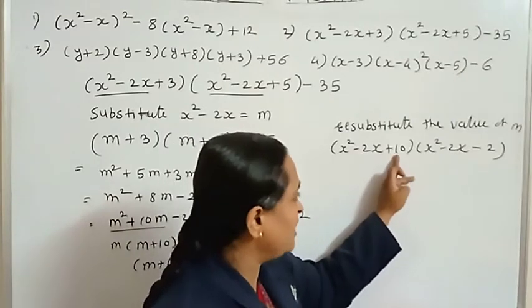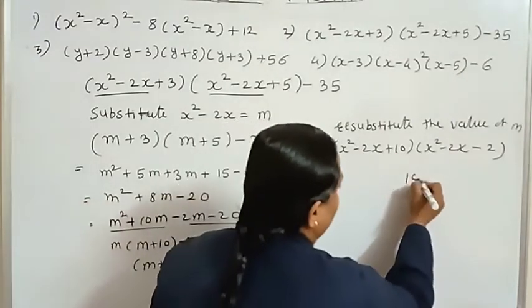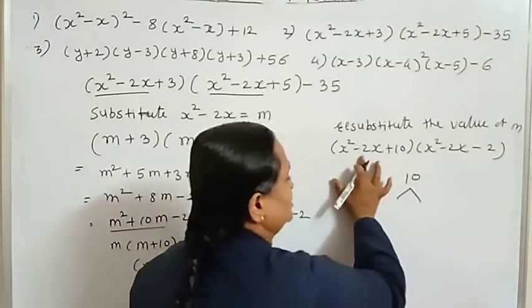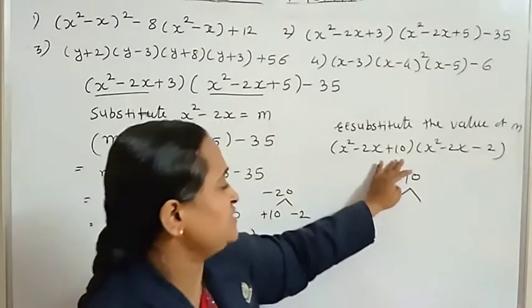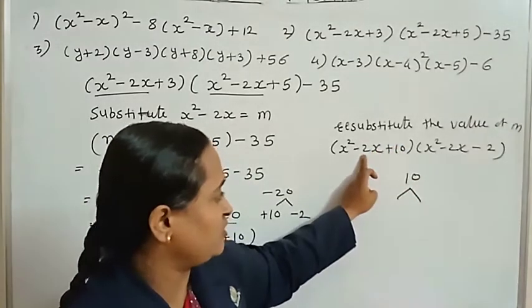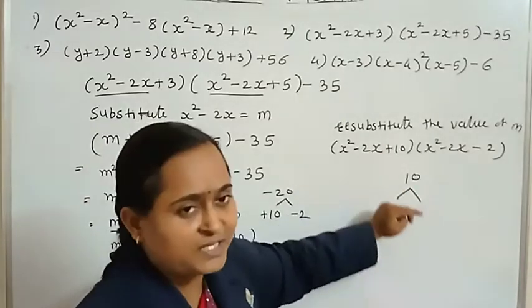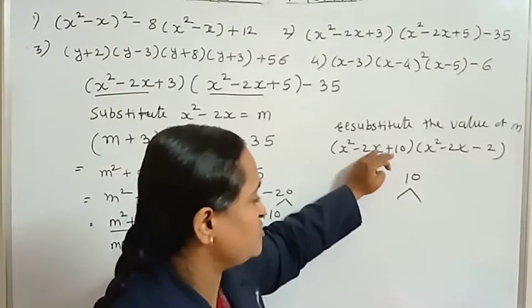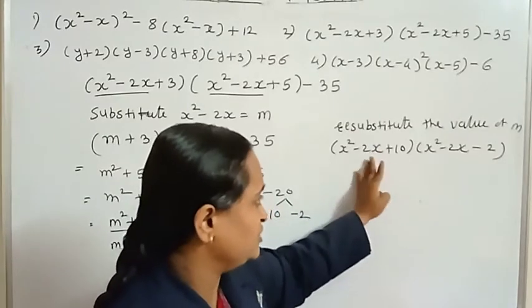Because this is addition we have to see here, because the third term is positive. It means we cannot find factors of this by using the factorization method.